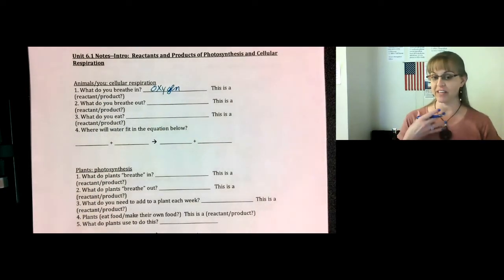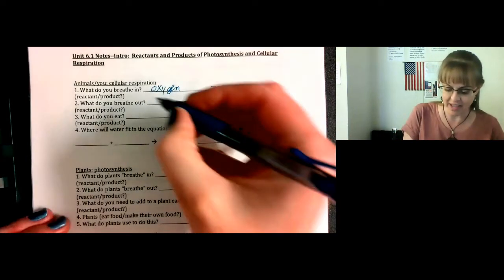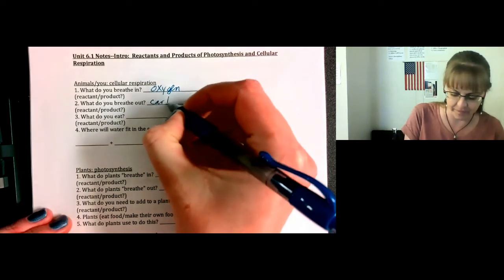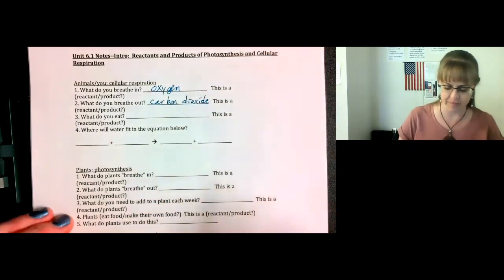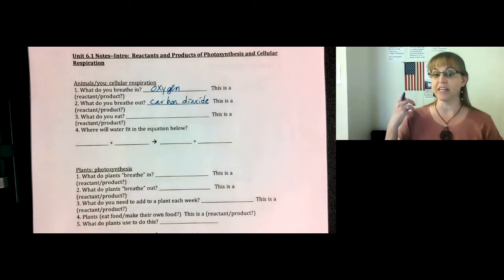Now, you breathe in oxygen. What's the gas that you breathe out? That's right, it's carbon dioxide. Since you are giving off carbon dioxide, then it must be a product.